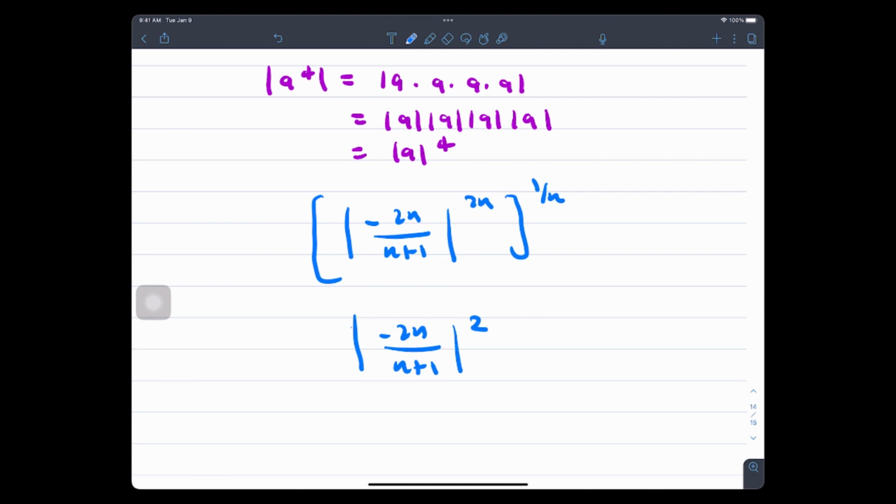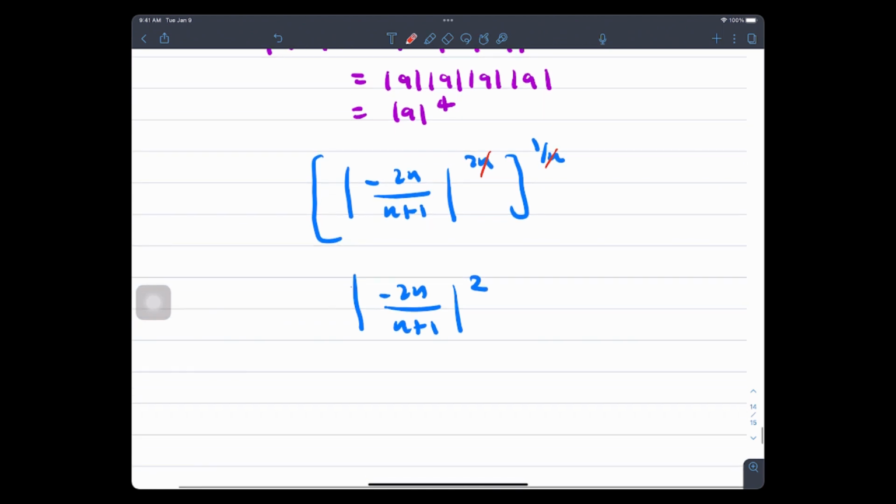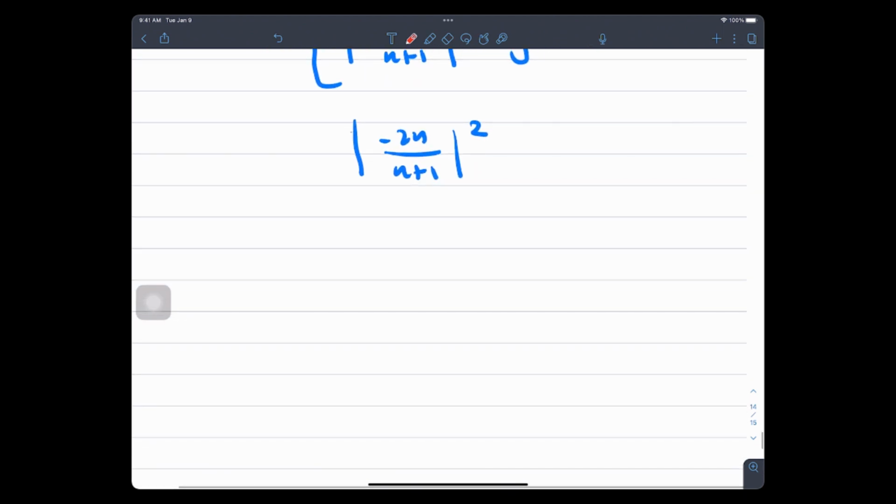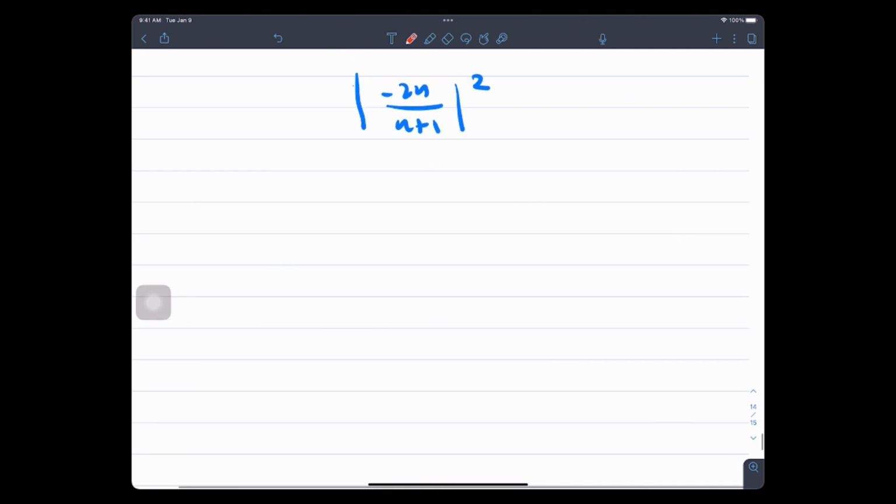Okay, because what happens with these n's, don't they cancel? And then you might say, what's going on here? You got the absolute value of a quotient is quotient of absolute values.